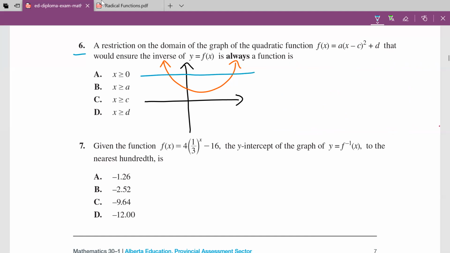So what I say to myself is this. The horizontal line test, the HLT, again, don't use abbreviations on your diploma. The horizontal line test tells me this.